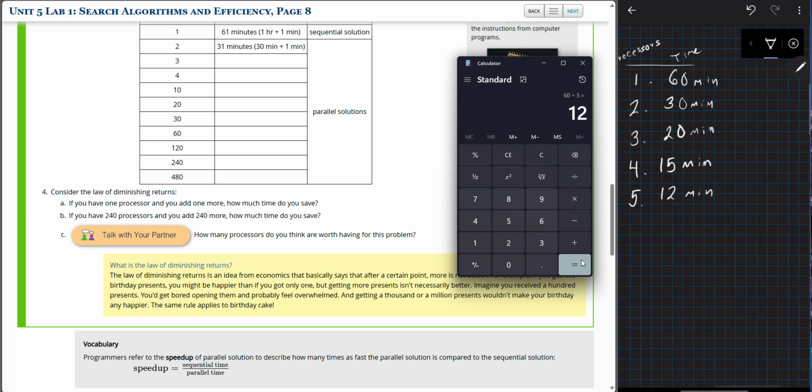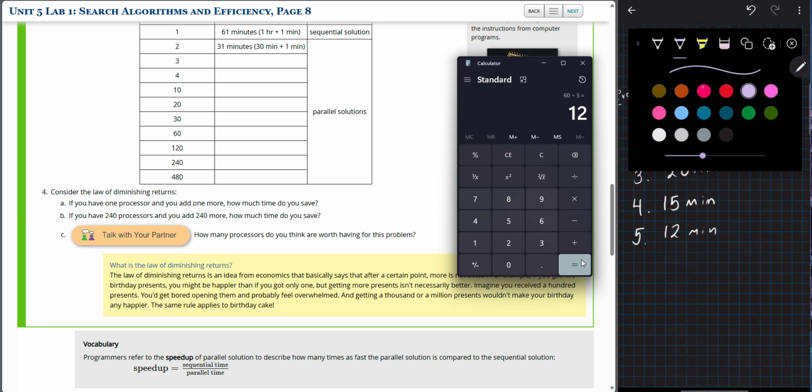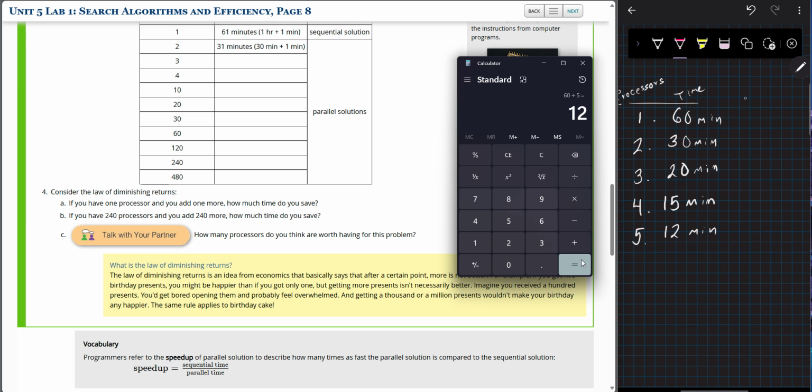So you see how, for example, we could write it here so you could see. We save. Right now we have 0, but here we save 30 minutes. Here we save 10 minutes. Here we save 5 minutes.